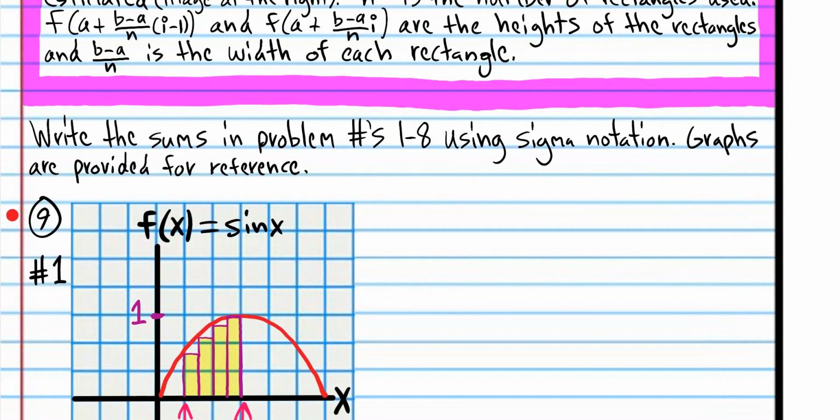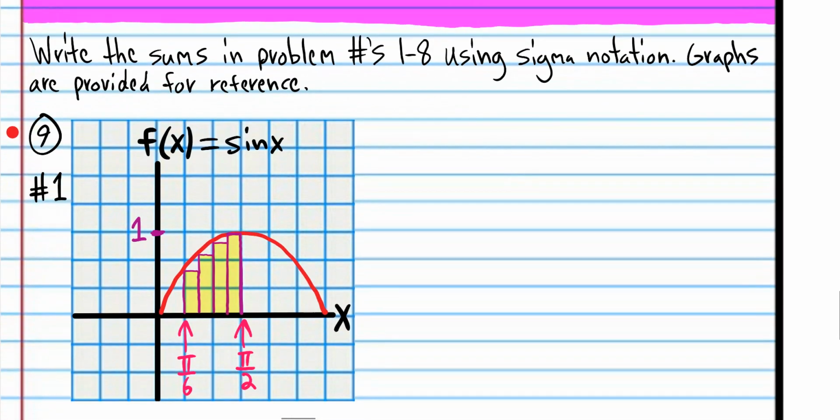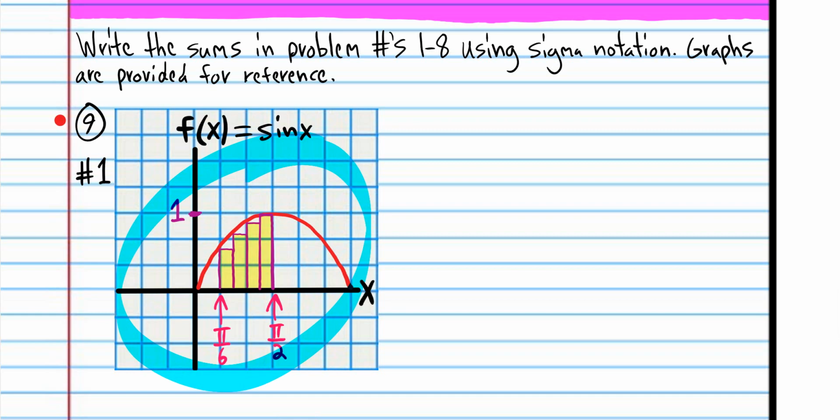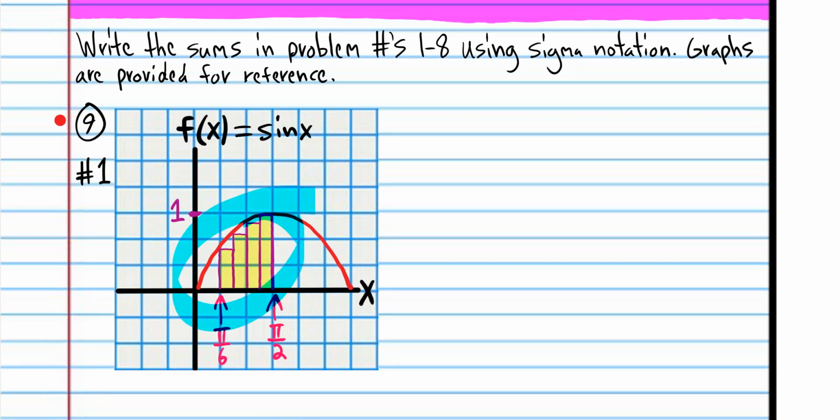It says down here, write the sums in problem numbers 1 through 8 using sigma notation. Graphs are provided for reference. So this is from problem number 1. We're going to write the sum of the areas of these rectangles in sigma notation.